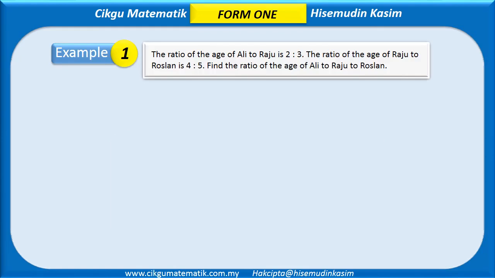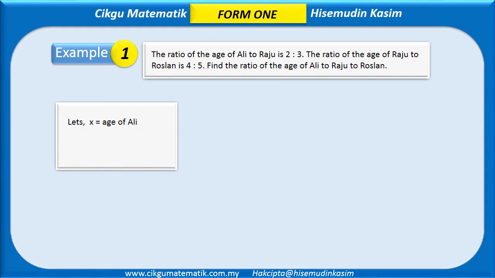Example 1. The ratio of the age of Ali to Raju is 2 to 3. The ratio of the age of Raju to Roslan is 4 to 5. Find the ratio of the age of Ali to Raju to Roslan.